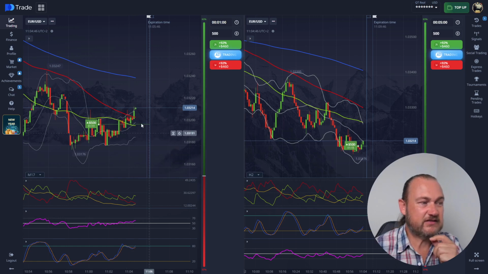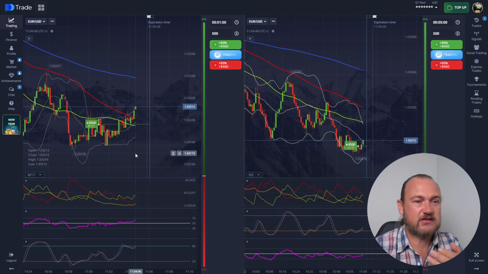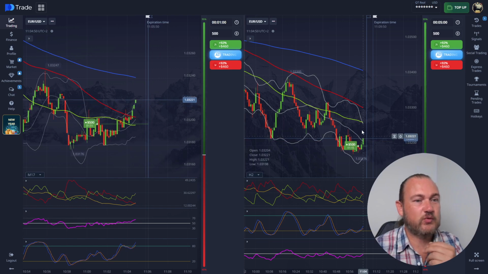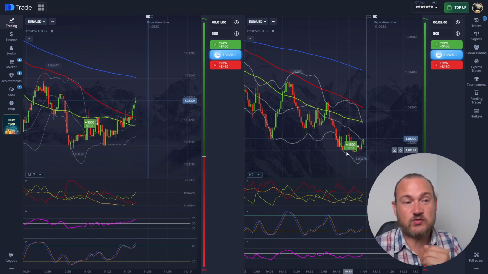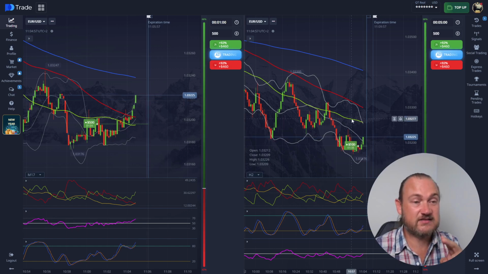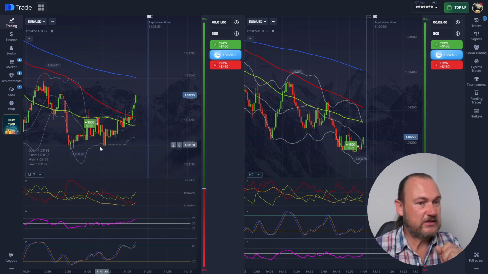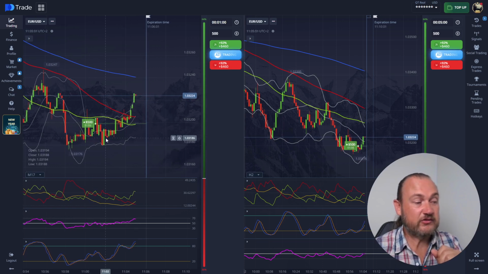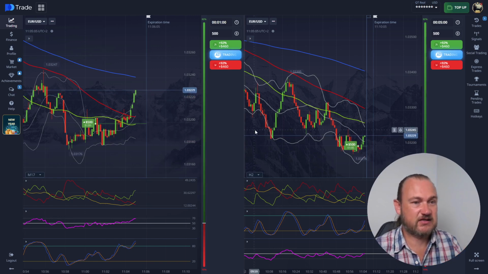If I do get a valid entry on 10 seconds, I will take another trade. I will not take a bigger trade because it looks like this is winning. There's a big distinction there. If I do get a valid entry on 10 seconds, while I'm in a 5-minute trade, I will just take a 1-minute trade.